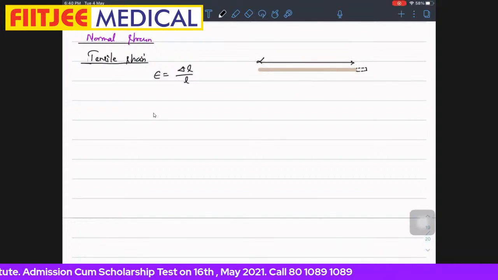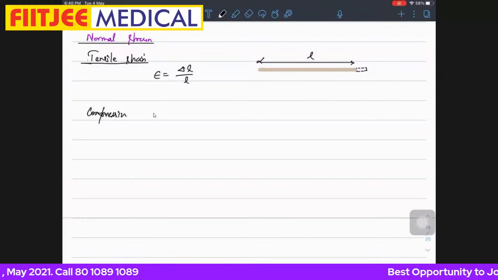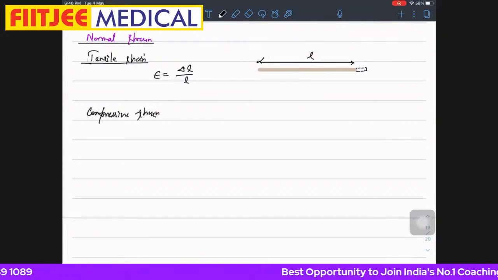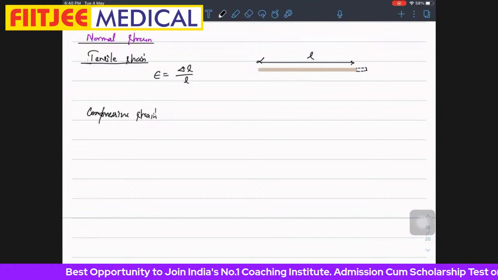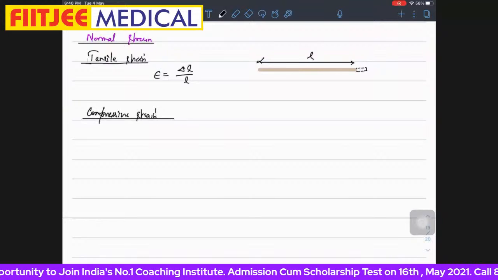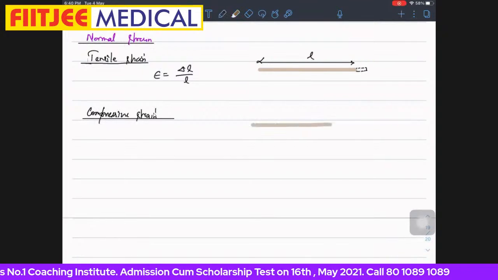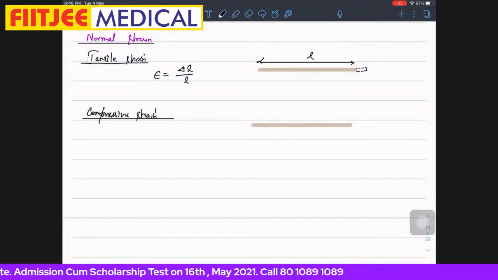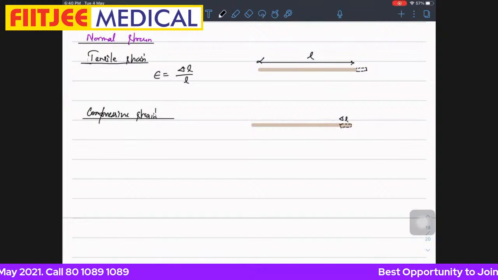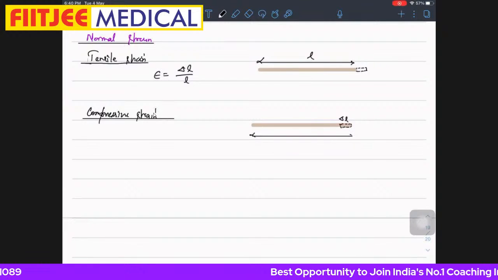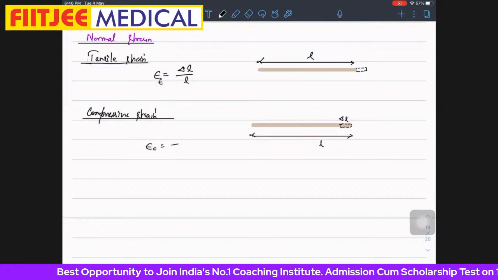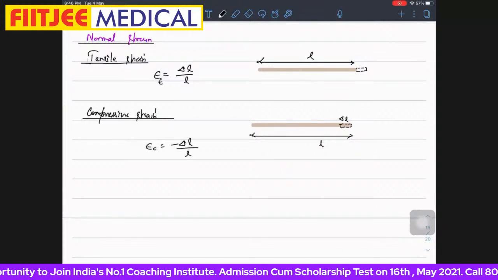Actual length, initial length. If we say compressive strain, what would it be? In this case, the length of the body will decrease by some value. Suppose this part would have decreased. This is delta L. This is the actual length. So here sigma c, this is sigma t. So here it will be minus delta L by L. This is compressive strain.